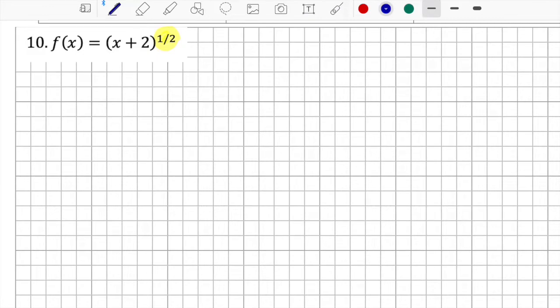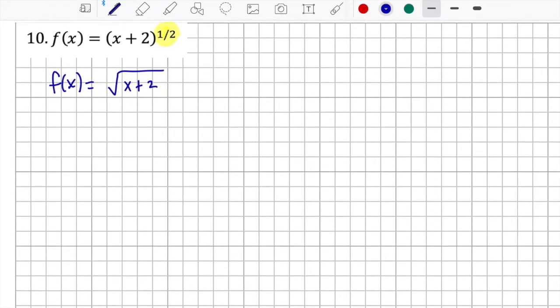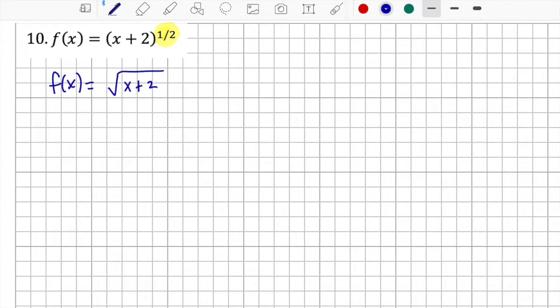So in reality, you can rewrite this function as the square root of x plus 2. And we're going to find the domain because we want to figure out where it is continuous. And these functions are continuous on their domain. So let's find the domain.